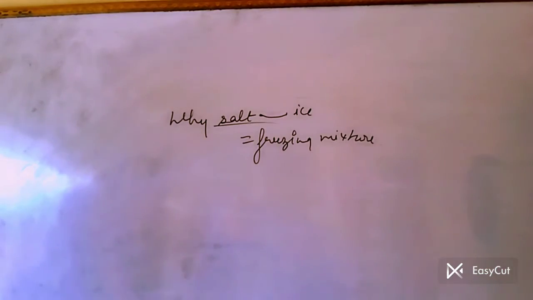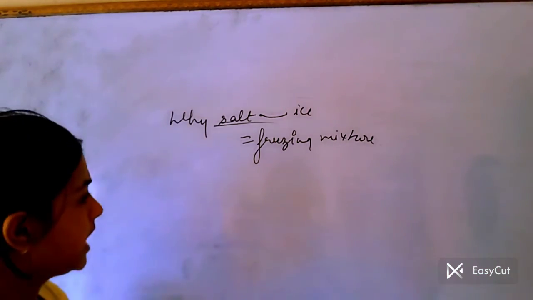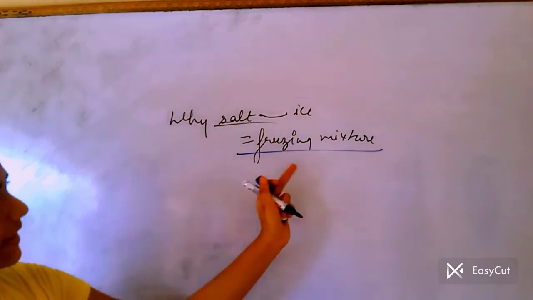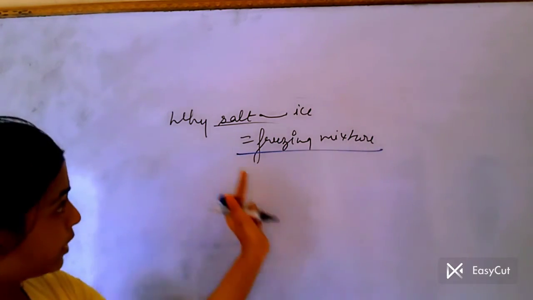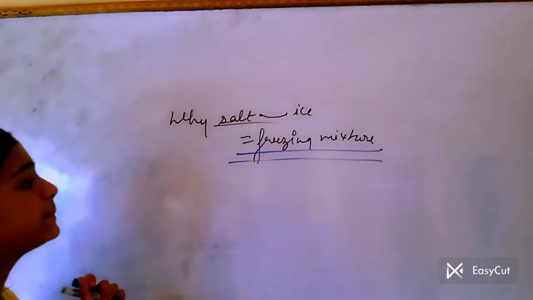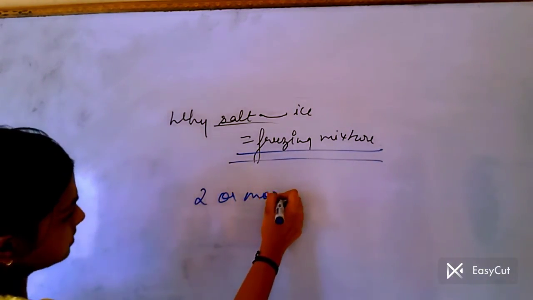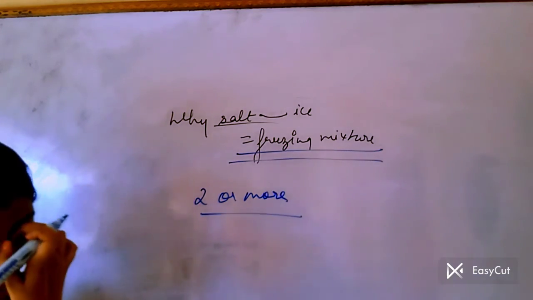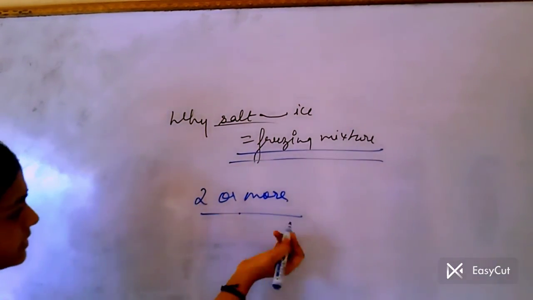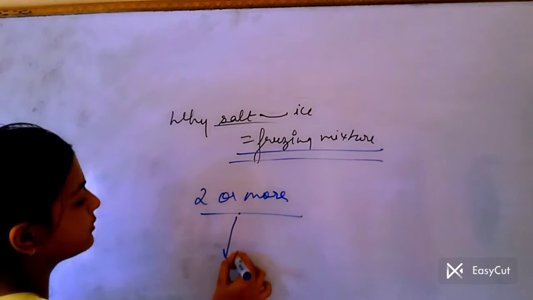First of all, understand what exactly a freezing mixture is. Basically, we add impurity to the ice. A freezing mixture is a combination of two or more substances which form impurities, and they lower the freezing point.